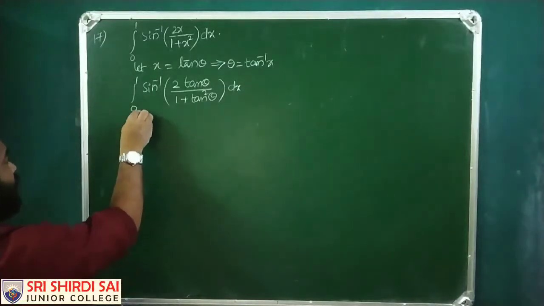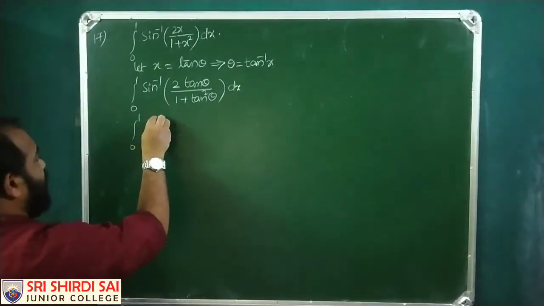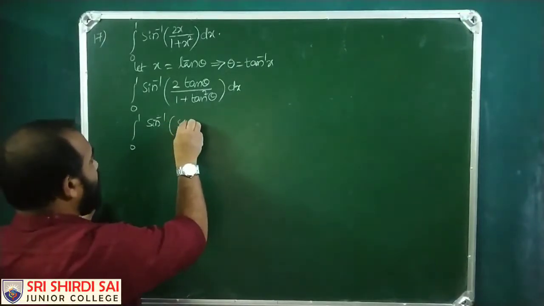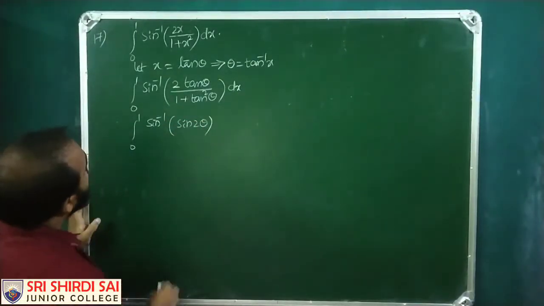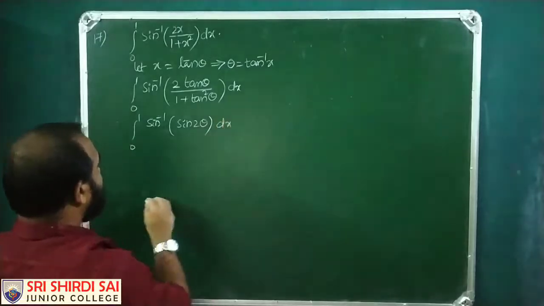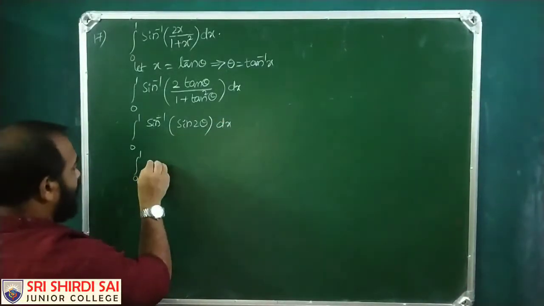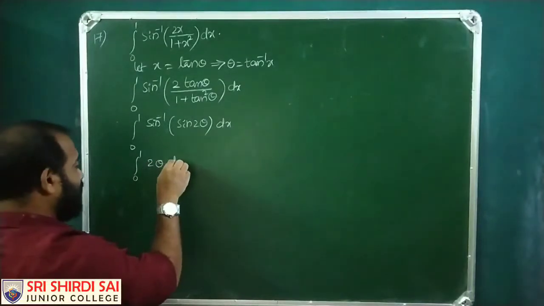That is equal to 0 to 1 sin inverse of sin 2 theta dx. This is 0 to 1 sin inverse of sin, which means 2 theta, dx.